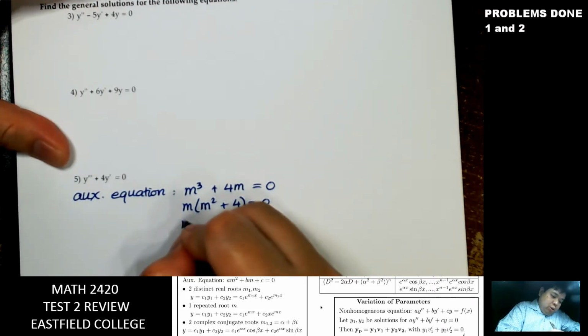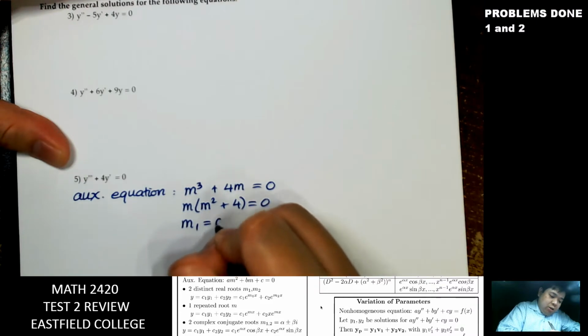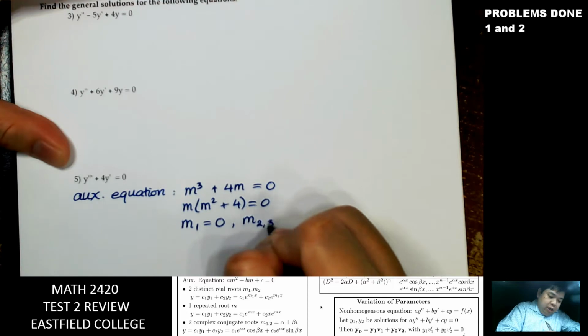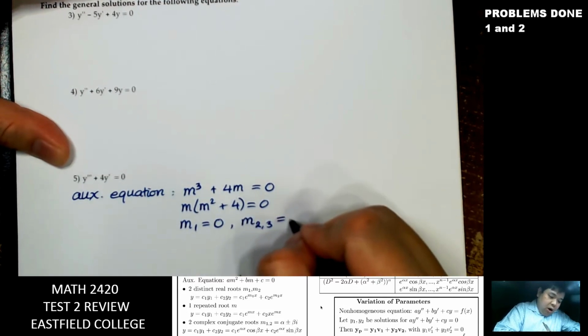So we have the solution m1 is equal to 0. m2 and m3 will be the complex conjugates, plus or minus 2i.